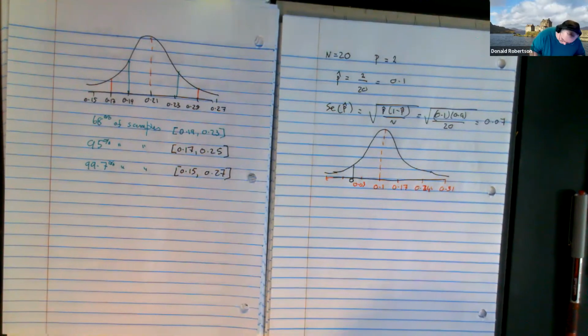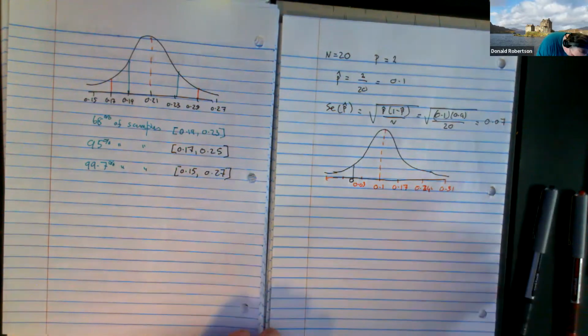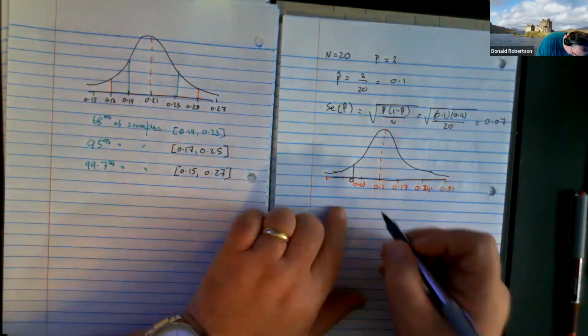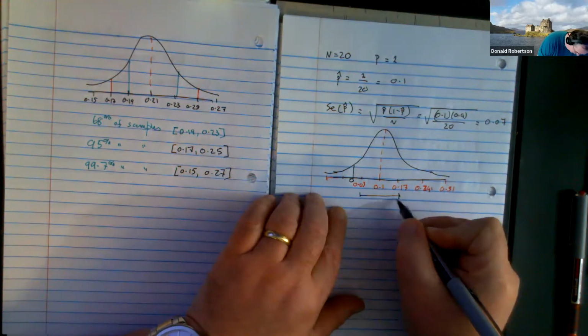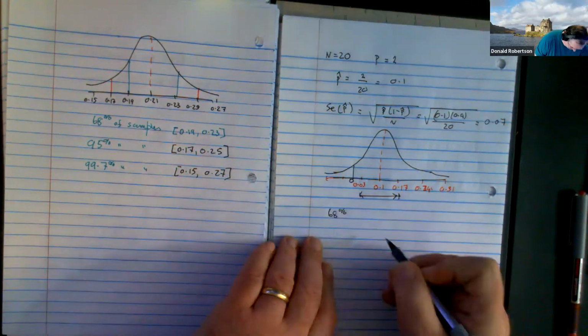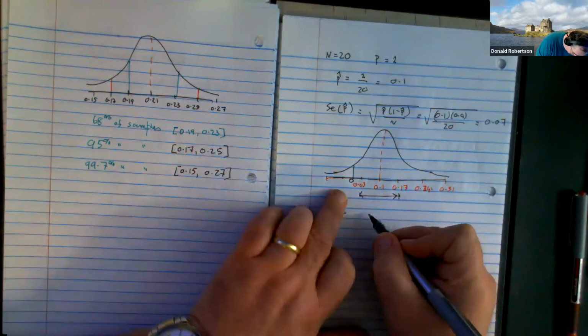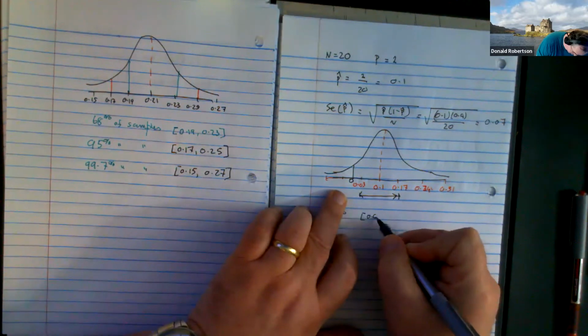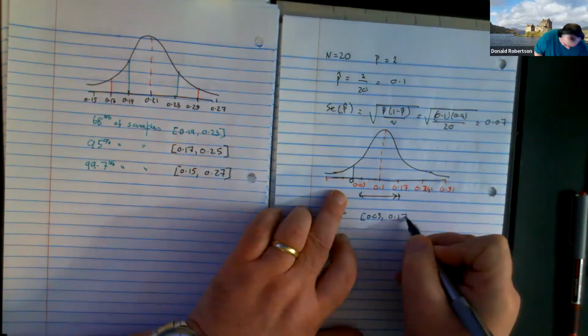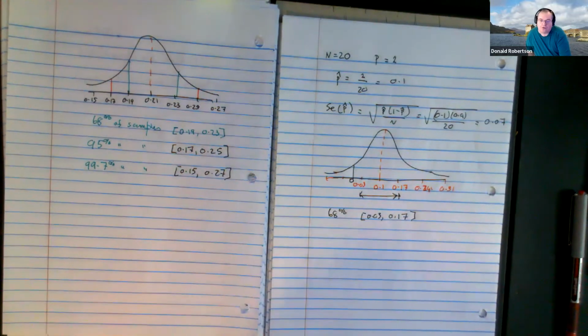So what can I say based on this? Well, I am 68% sure that somewhere between 3% and 17% of Olympic College students have watched about an hour of the Olympics.